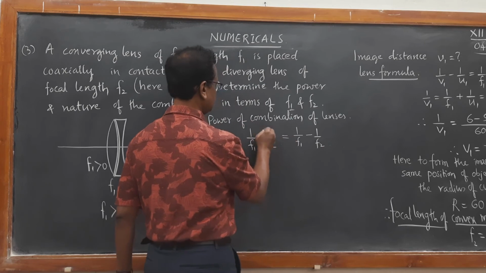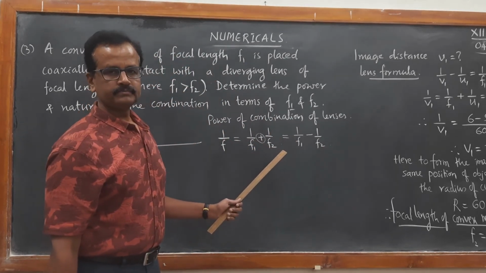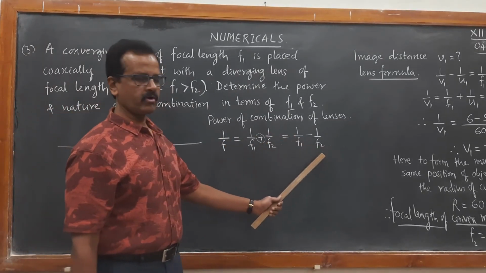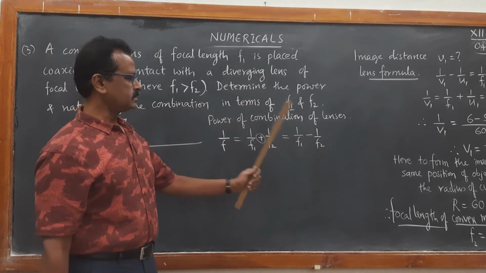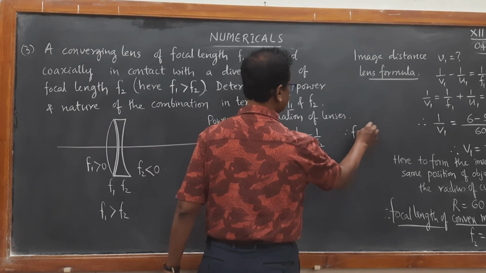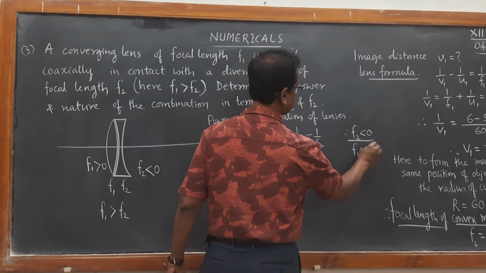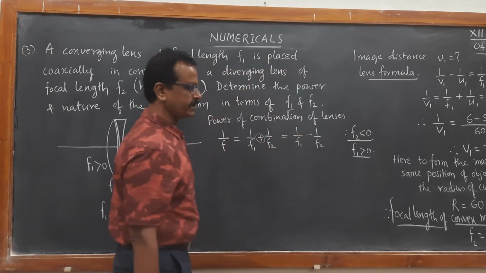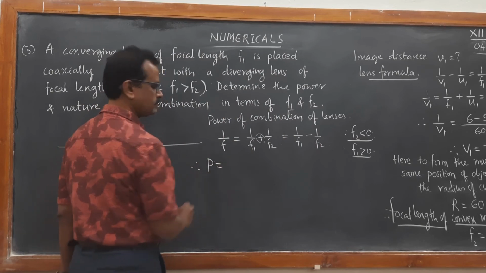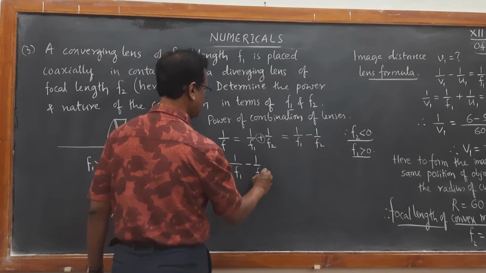The positive sign is possible only if both are convex lenses. Since here one is a concave lens, it is negative. Therefore, power of combination is 1 upon f1 minus 1 upon f2.